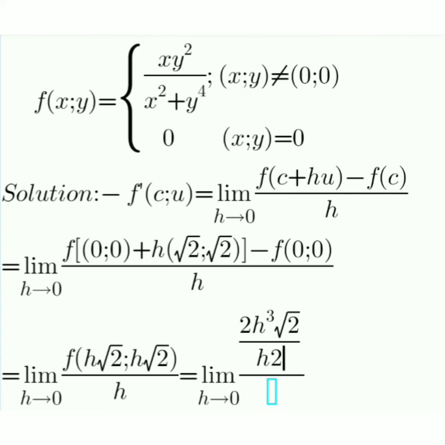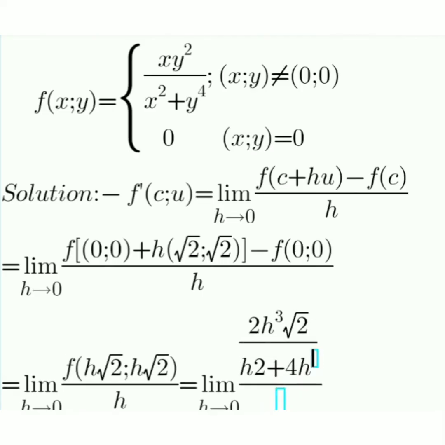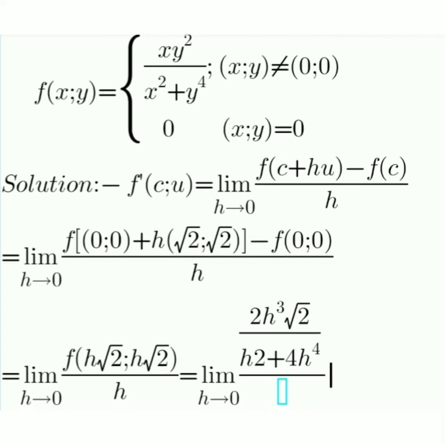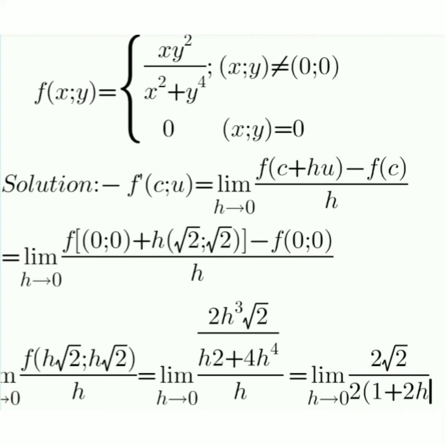The denominator is 2h square plus 4h to the power 4, divided by h. After calculation, the limit as h tends to 0 gives 2 root 2 divided by 2 into (1 plus 2h square).